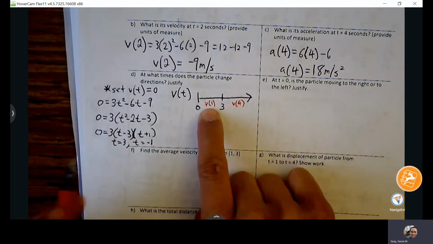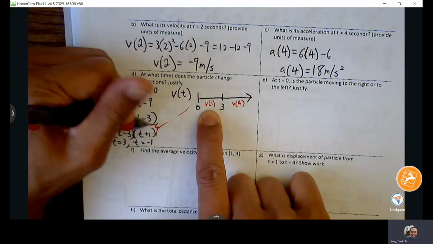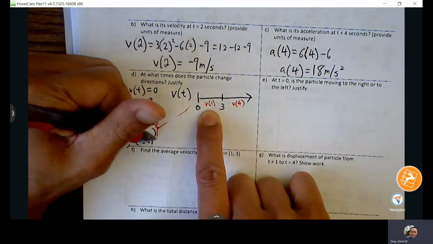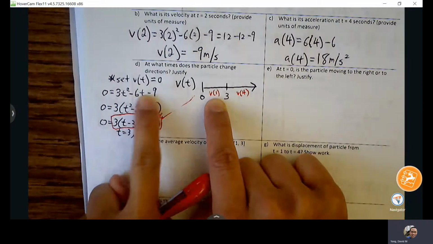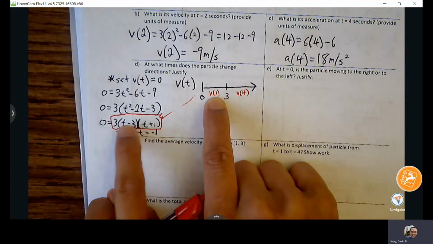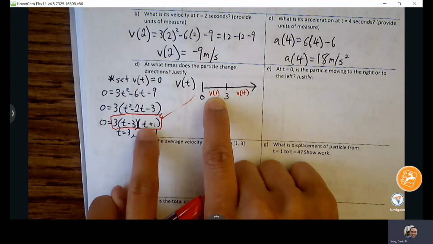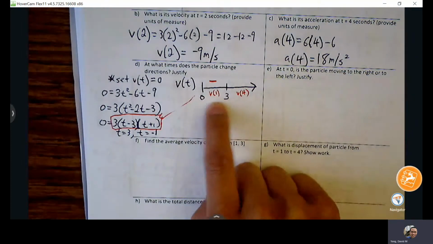I like to put it into the factored form. It helps me get to the sign a lot quicker rather than plugging in one term at a time. So if I plug 1 in for t, 1 minus 3 is negative, 1 plus 1 is positive, negative times positive is negative. So we know that this particle is moving left in this time interval.